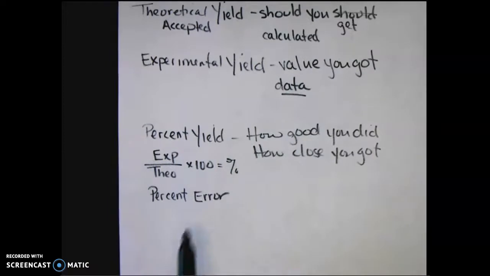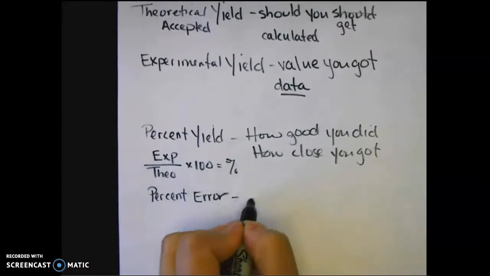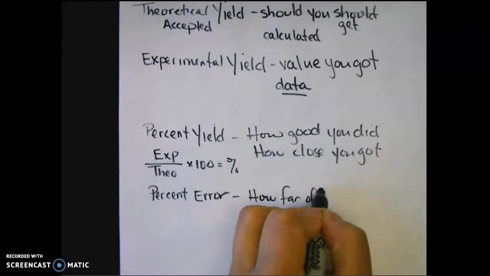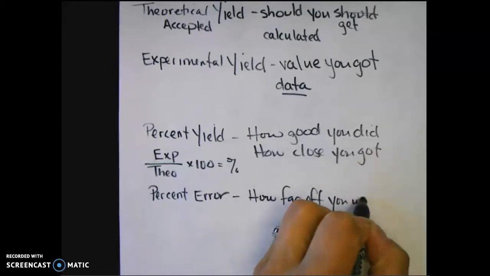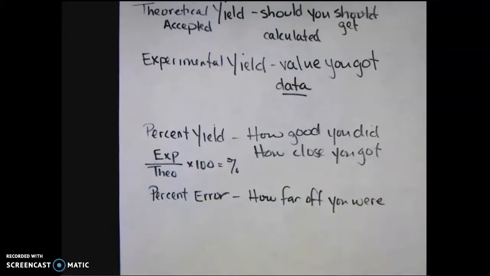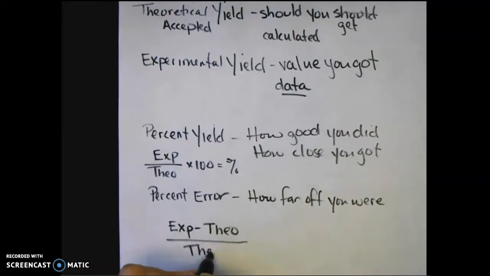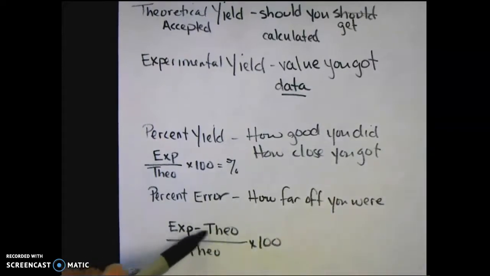Your percent error is really telling how far off you were. To do percent error, you're going to do experimental minus theoretical, divided by theoretical, times 100. So how far off from the accepted value were you? What percentage off, divided by the whole thing?